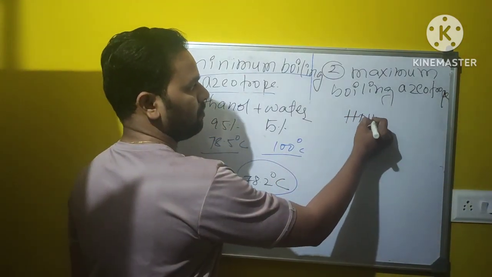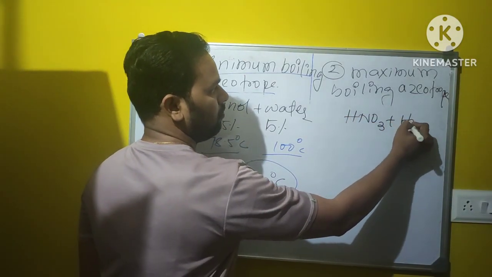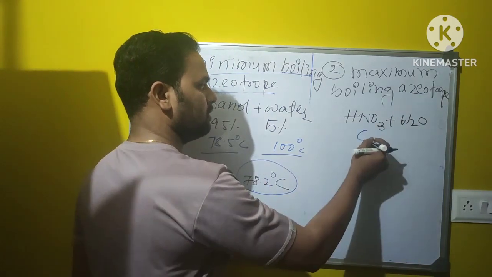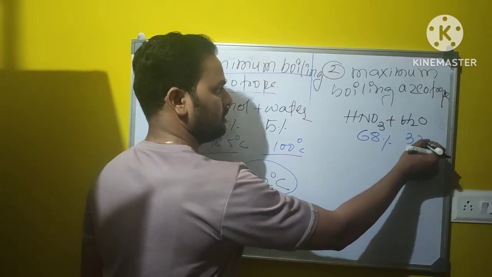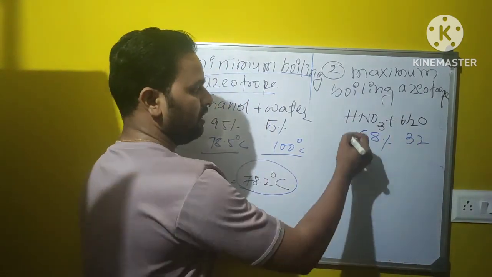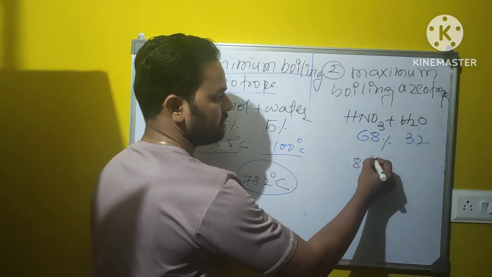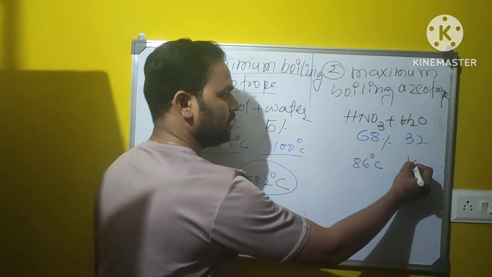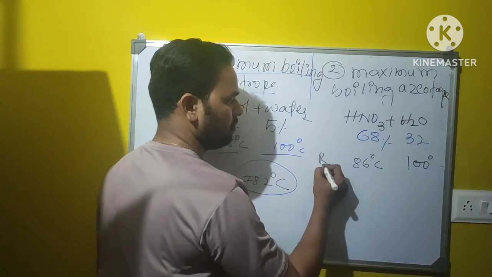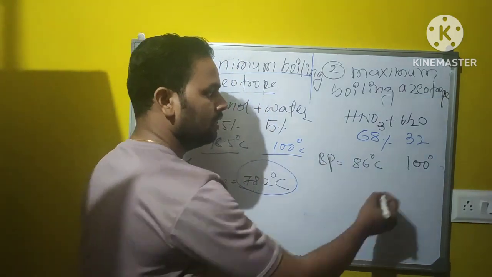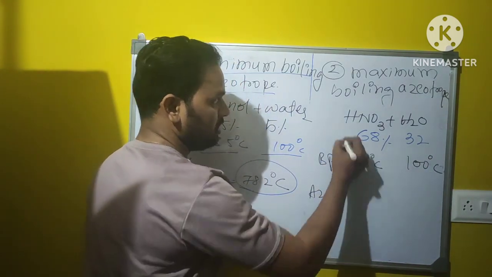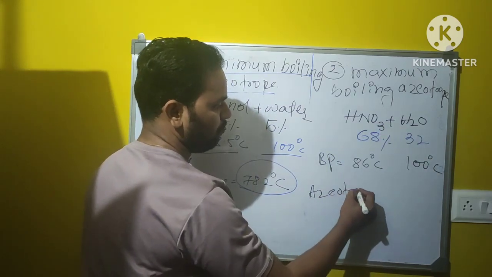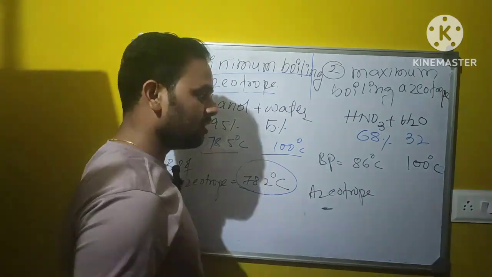Here, example for maximum boiling azeotrope: HNO3 and water. HNO3 is 68%, water is 32%. Boiling point of HNO3 is 86 degrees Celsius, water is 100 degrees Celsius, the boiling points of individual liquids. When you take them in this ratio, they behave like an azeotropic mixture.